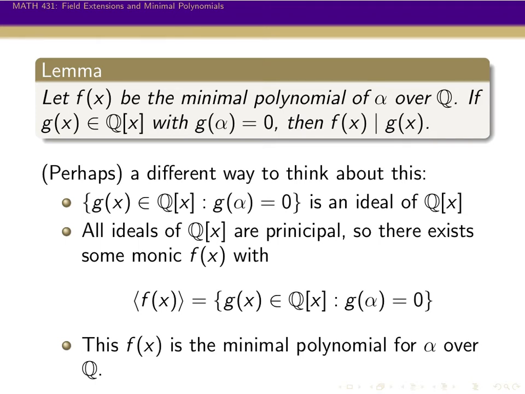So another way to think about it is that it is the generator for all of the polynomials that have alpha as a root. Because the set of polynomials that have alpha as a root is an ideal. All ideals are principal in polynomials over the rationals, so there is some monic generator that gives it to us.